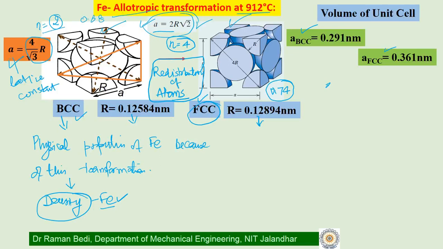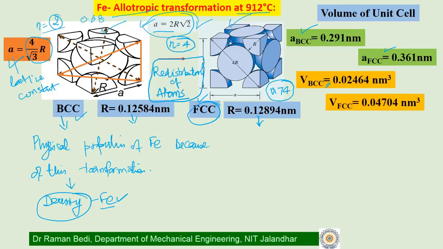So the lattice constant is different. Now you can calculate the volume of the unit cell, which is nothing but A cube. The volume of the unit cell happens to be 0.2464 for the BCC crystal structure and 0.4704 for the FCC crystal structure.